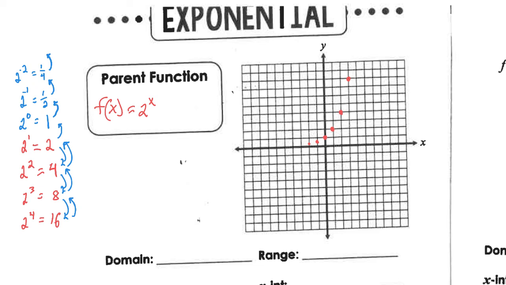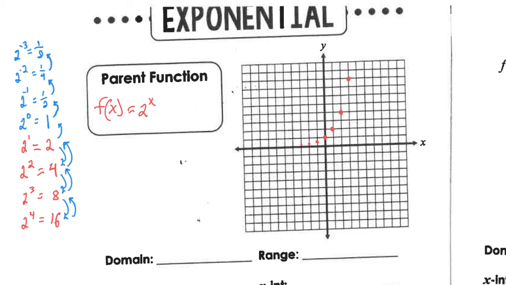And let's do one more, just to notice the pattern a little better. So 2 to the negative 3, half of a fourth, is going to be 1/8. If you look at the denominators, they're just getting multiplied by 2. So going left 3, it's going to go up 1/8, which is barely even above the x-axis.